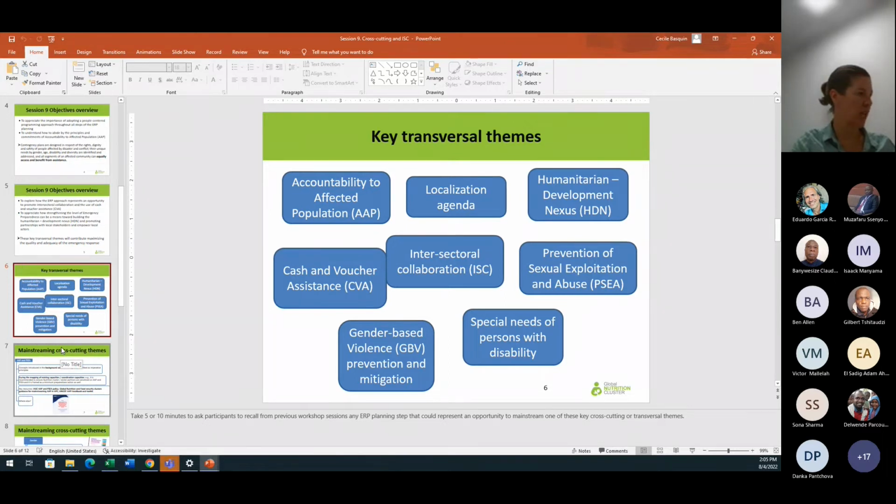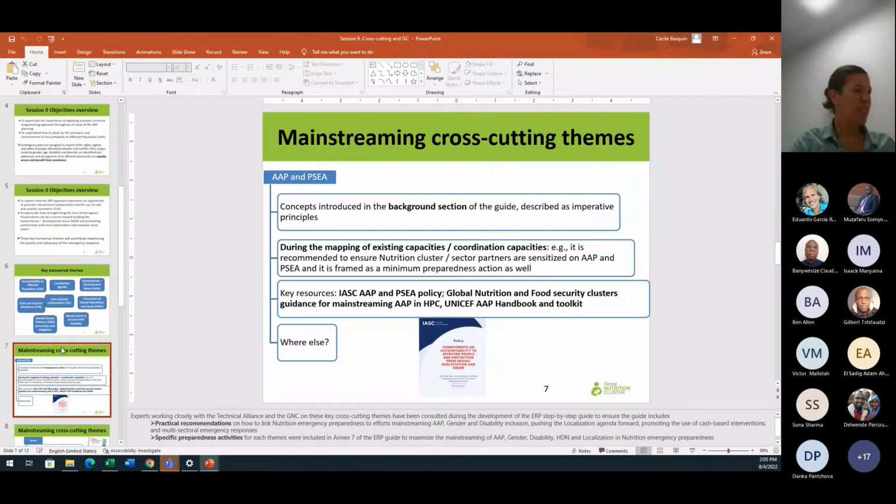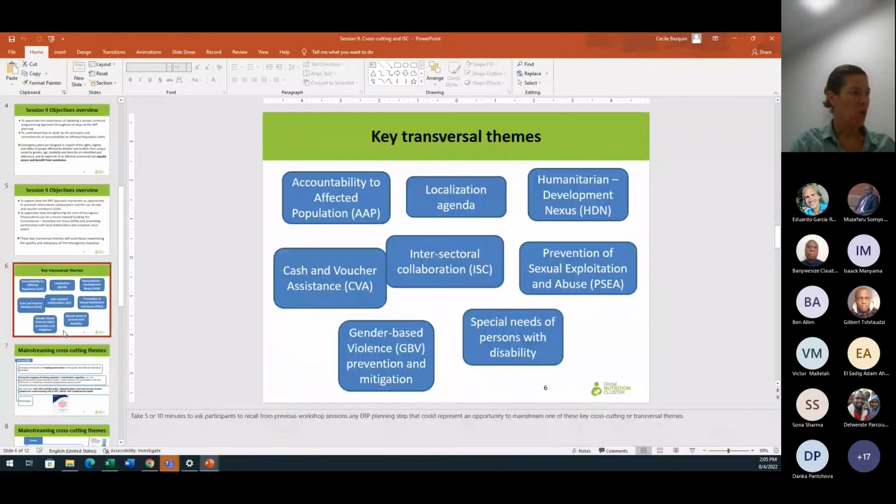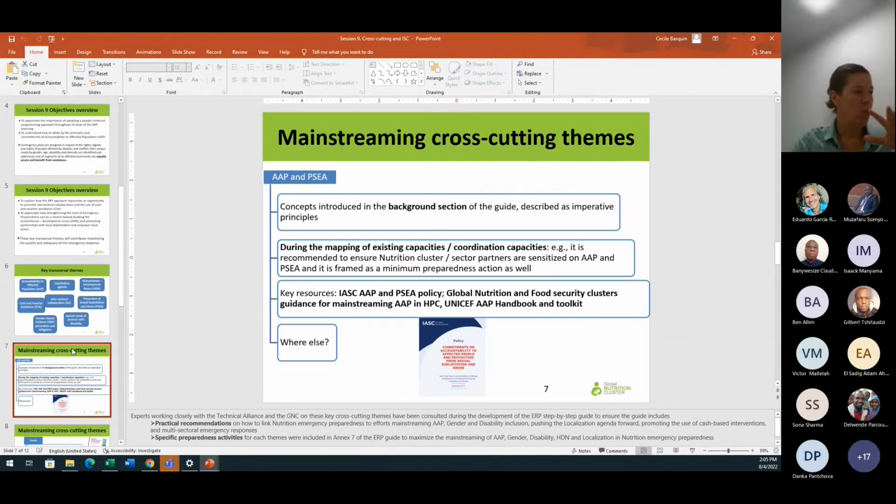I saw a comment on the chat box. You'll see that in the guide, when we developed the step-by-step guide, we consulted experts on each of those key cross-cutting themes who are closely working with the technical alliance of the GNC.